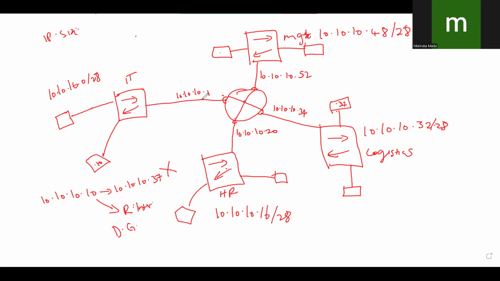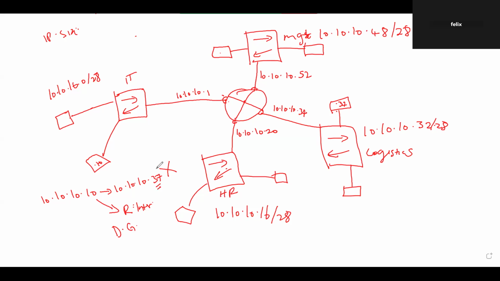So this will go inbound into the router from here. Once it gets to the router, it will check what we call a routing table and see which of the interfaces connected to it is responsible for the network that this IP belongs to.